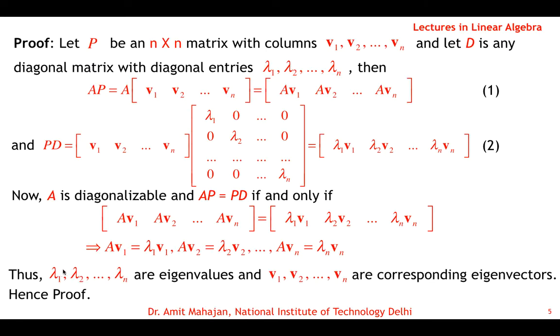So lambda 1, lambda 2, lambda n are eigenvalues, and v1, v2, vn are the corresponding eigenvectors, and the eigenvectors form the matrix P and the eigenvalues make the diagonal matrix D. If this is true, then A is diagonalizable, and AP equals PD means A can be written as P D P inverse. So this whole theorem holds this way.